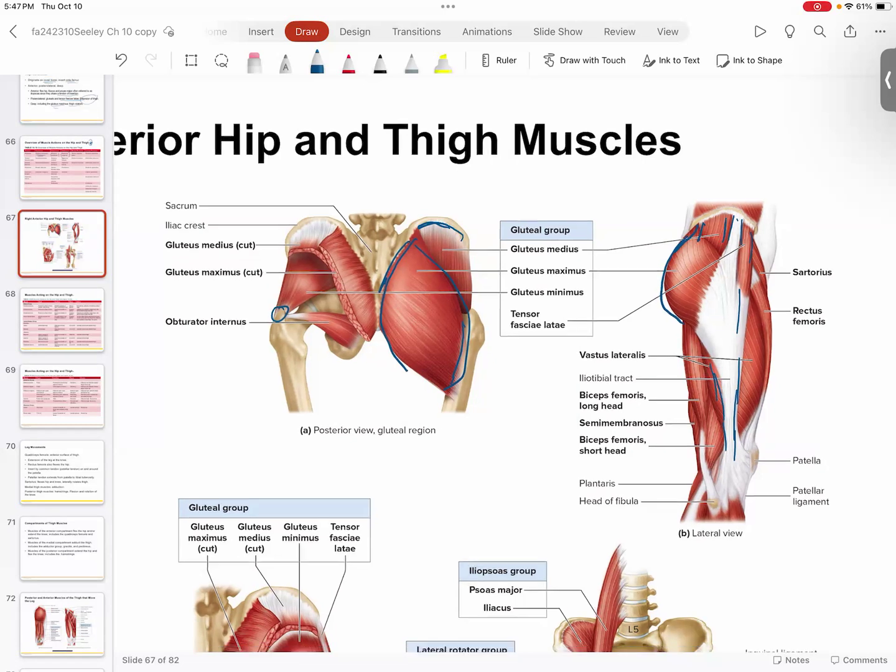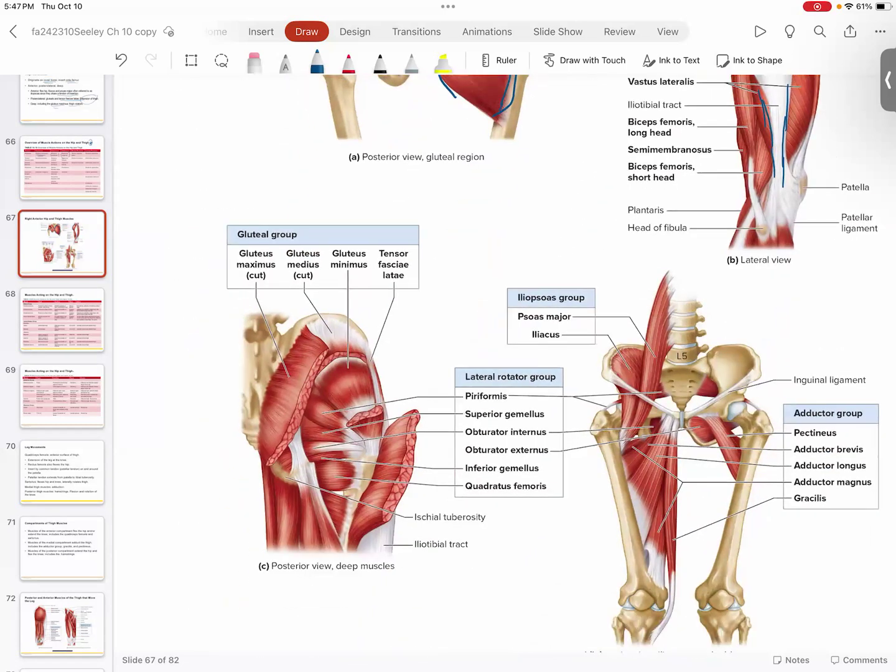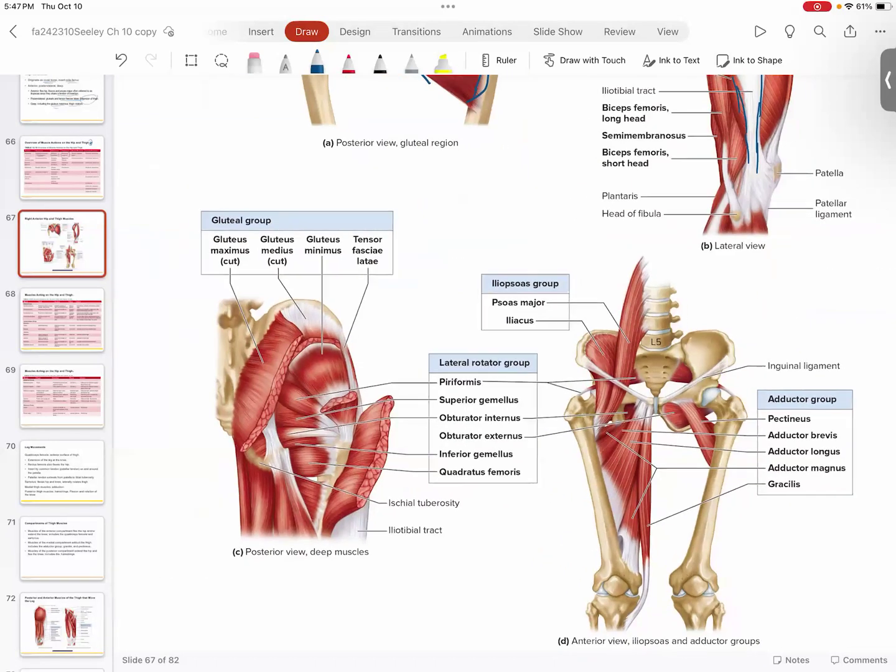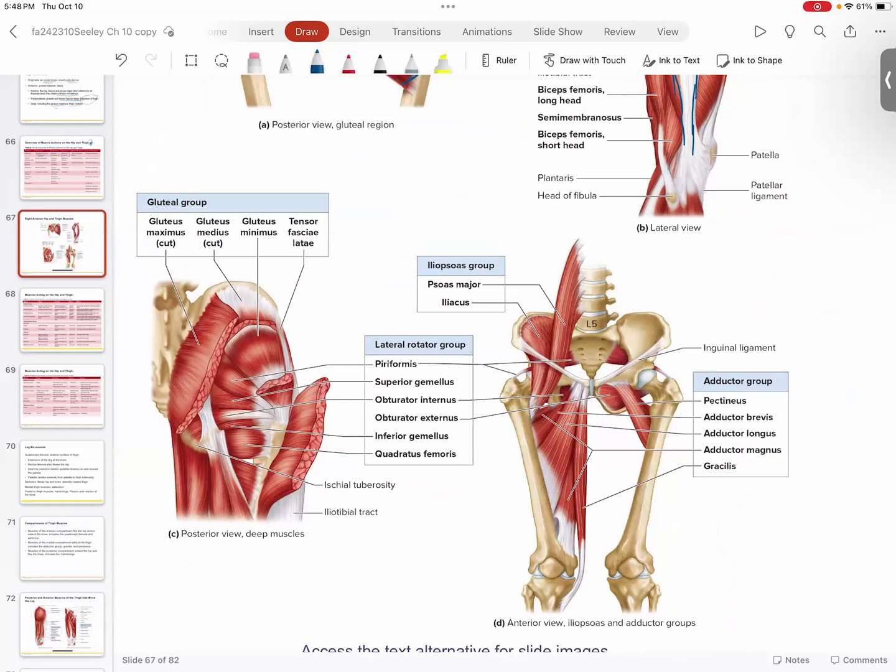And then when you take a look at some of the cutaways, the one I want to really show you here is these kind of deep adductors here. So you can see how your psoas major is connected to your lumbar vertebrae. And then down here, it's going to be connected to your femur.